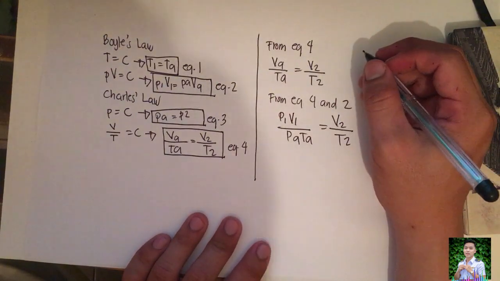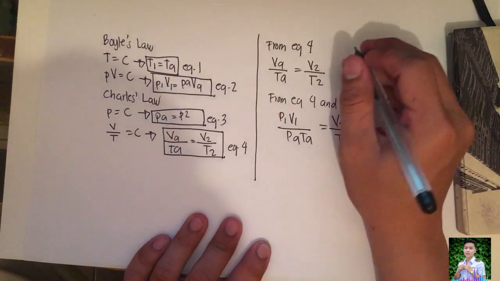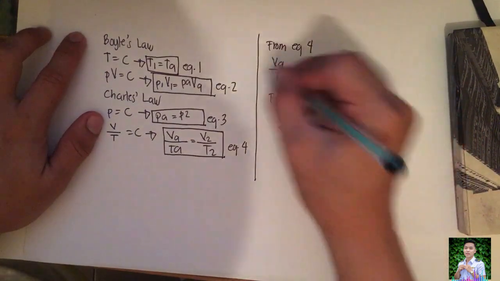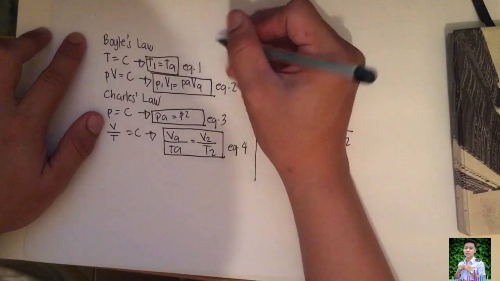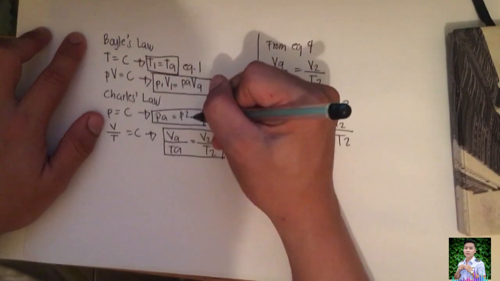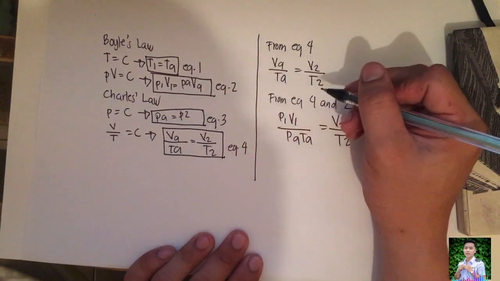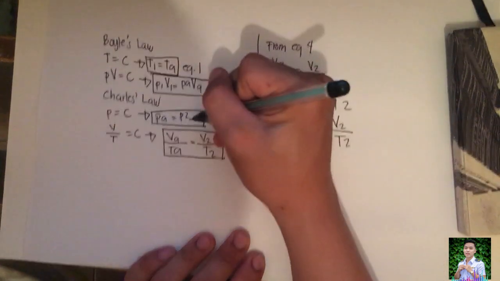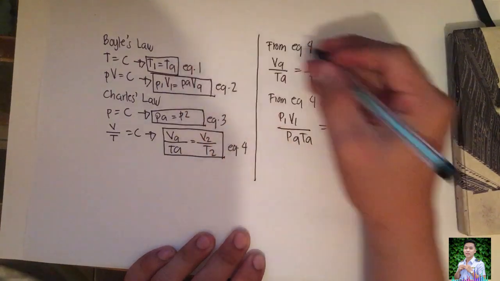Now, let us use equation 1 and equation 3. T1 is equal to TA. This is our equation number 1. And PA is equal to P2. So now, we can replace PA sa P2. And we can replace TA sa T1.